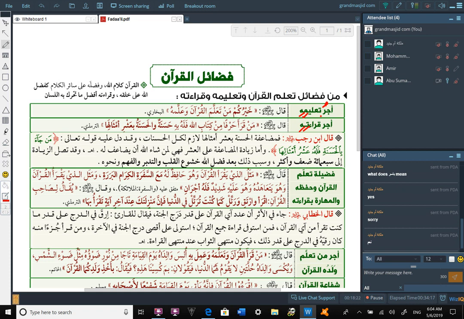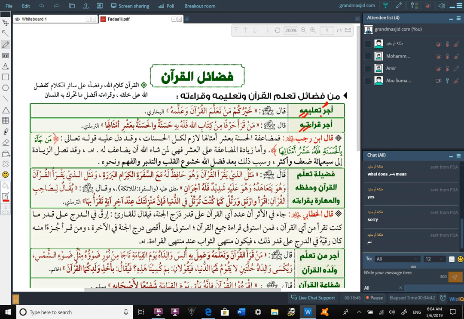Min makes kitab majroor, so it has a kasra on the ba. Kitabillahi is mudaf ilayh, so the lafdul jalala has a kasra on the ha. Whoever reads a letter from the book of Allah, man qara'a harfan min kitabillah, falahu bihi.